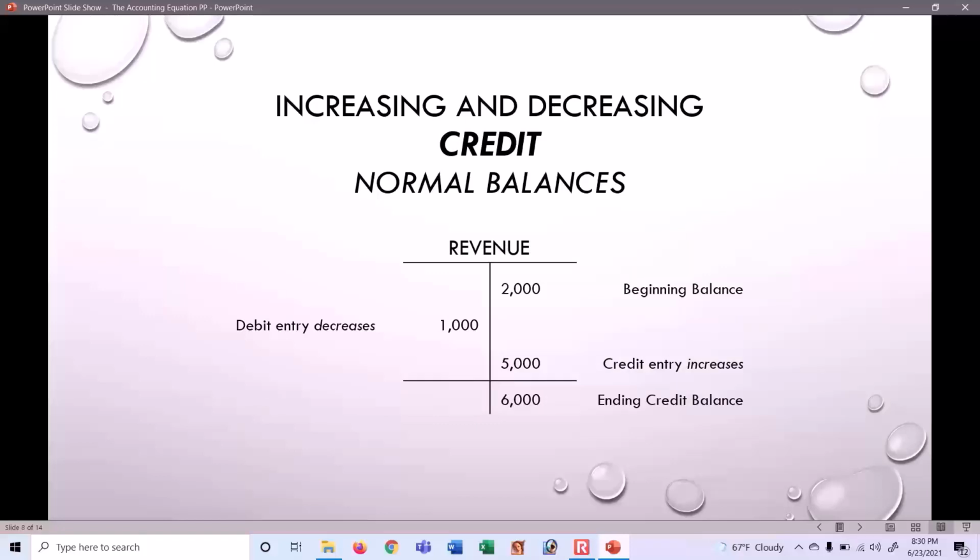The difference between the debit's sum and the credit's sum, including the beginning balance, is the account balance. If the debit column is greater, the account has a debit balance. And if the credit column is greater, the account has a credit balance. If the debit and credit columns are equal, the account has a zero balance.